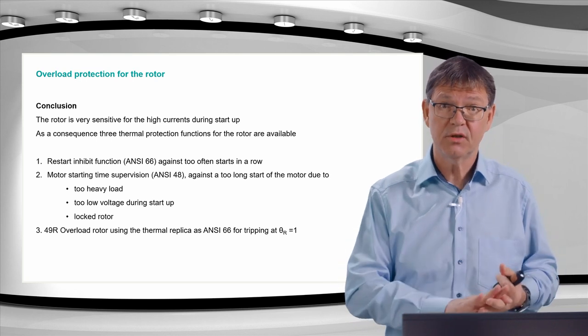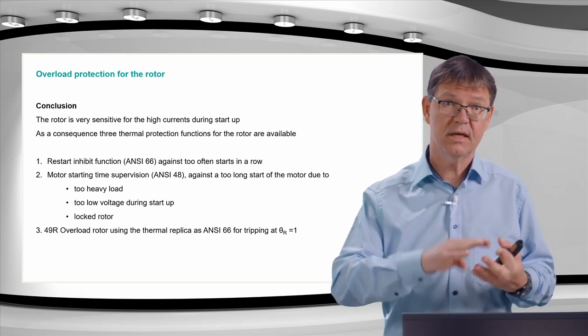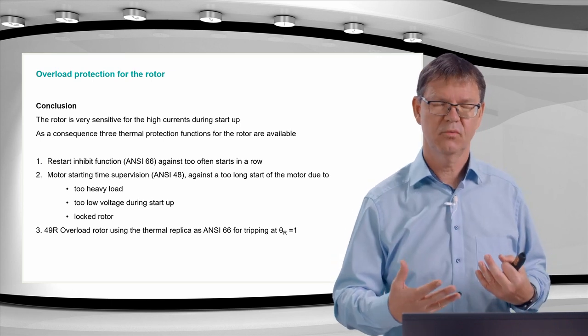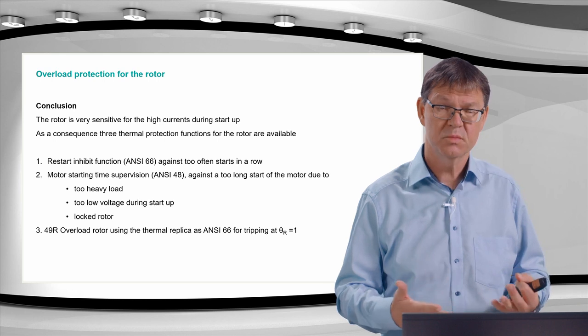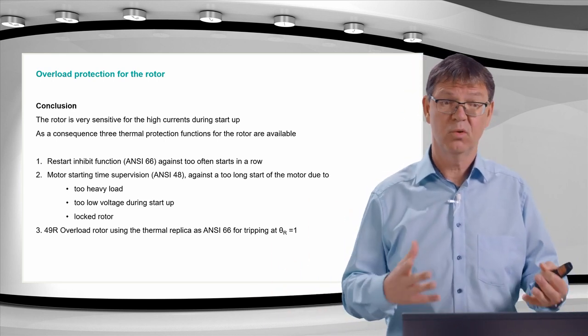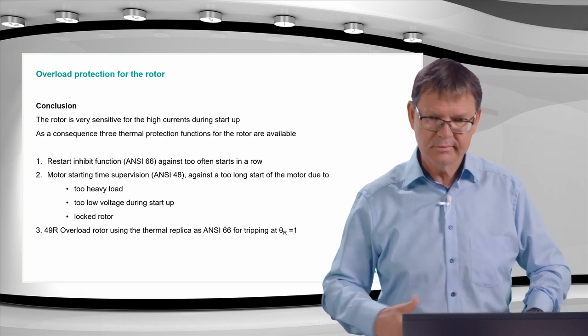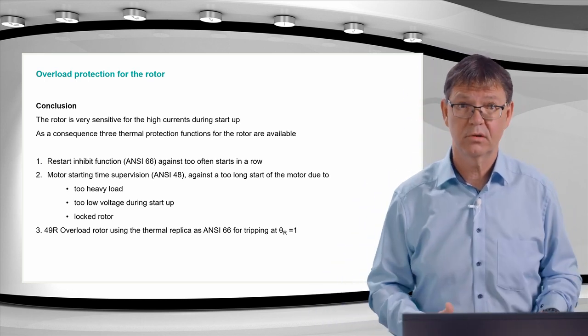The restart inhibit function, one more thing maybe, assumes that I have a standard startup. The settings for this function and the temperature calculation assume that I have regular startups, because the motor manufacturer gives us three startups under certain conditions, and this normally is the regular condition.